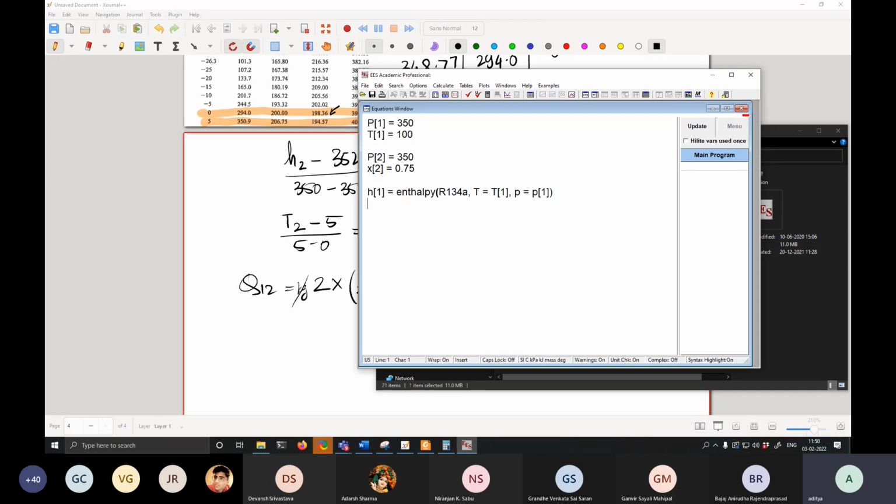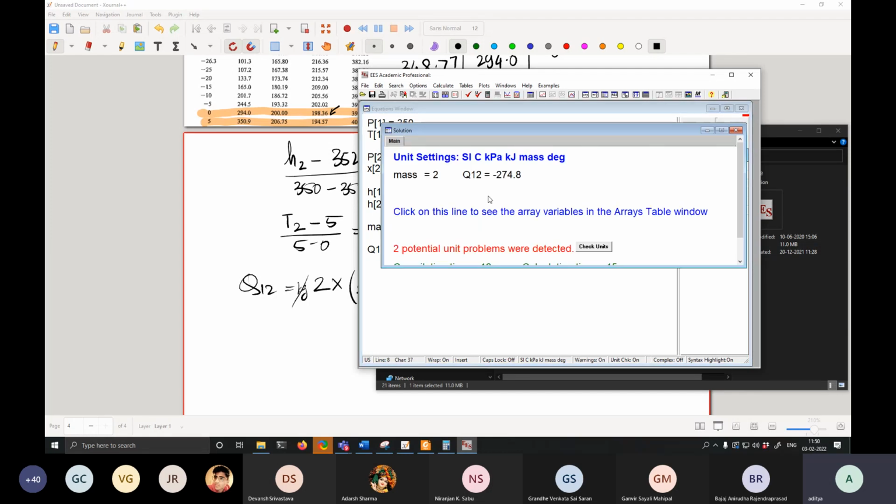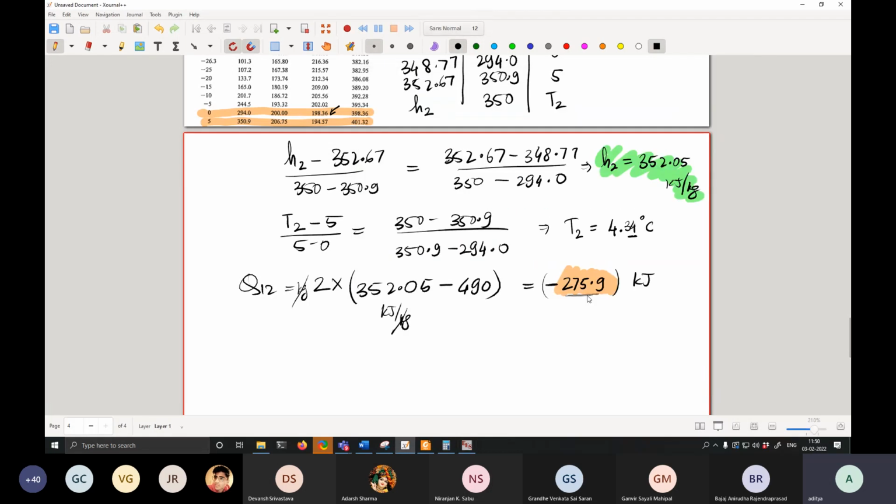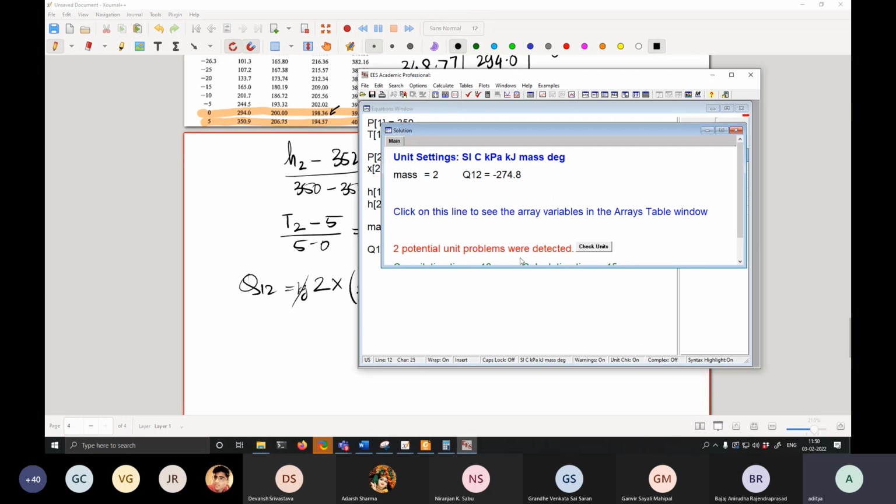I will also say H2 is equal to enthalpy of R134a, P equal to P2 and X equal to X2. Then I will say that Q12 is equal to mass times H2 minus H1, and I will declare that mass equal to 2. I will simply press F2 and we get 274.8, 275.9, close enough.